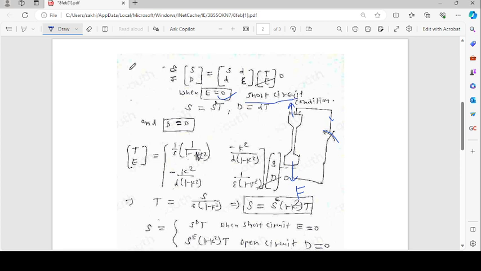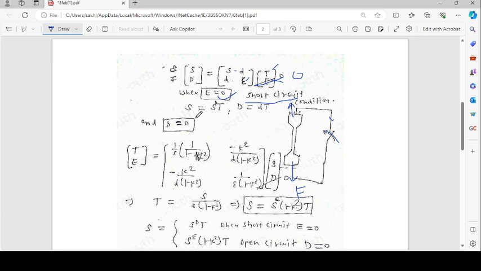This is the piezoelectric material matrix, the constitutive equation matrix: strain and electric displacement equal to the piezoelectric strain coefficient d, compliance, dielectric permittivity, stress and electric field, right? So when electric field is zero, then S equal to sE T, D equal to d T, because E is zero.